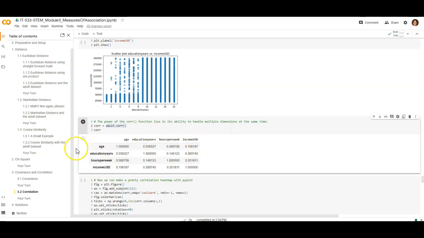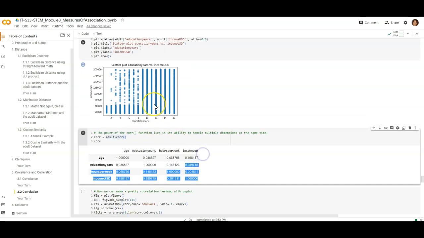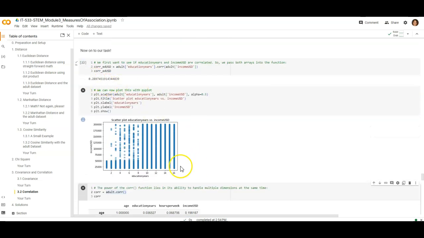And this always happens only, of course, for the numeric attributes. And here, when we scan this table, we can see that the highest correlation that we're finding is between income USD and education years. And of course, the reverse is also true, between education years and income USD at 0.28. And that's what we saw up here as well.